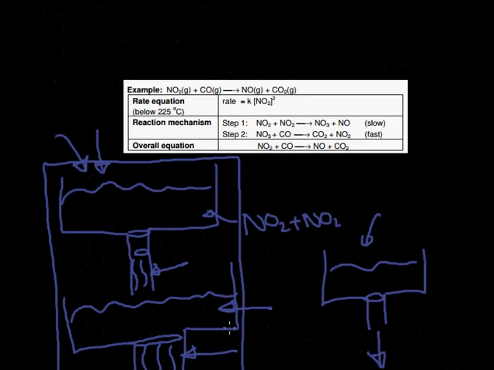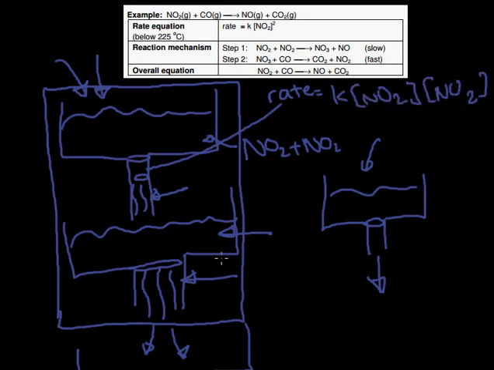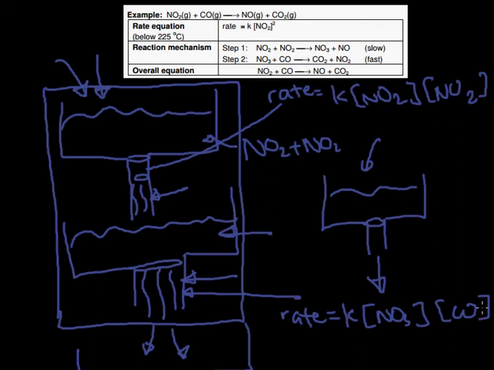So if I go back to my previous example over here, we have NO2 plus NO2, and we know that the rate at which this flows out here is given by rate equals k NO2 NO2, or NO2 squared, right? And the rate at which this one flows out here is given by rate equals k, because of the products at step 3, NO3 and CO, NO3 CO. But does it really matter?